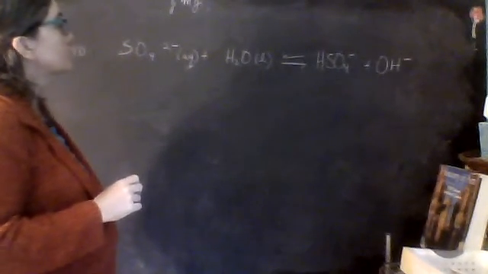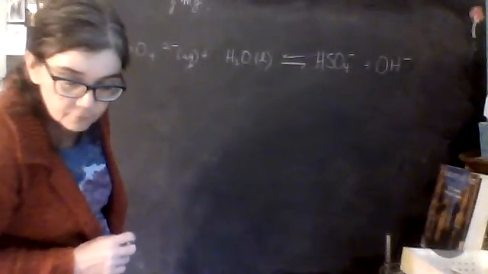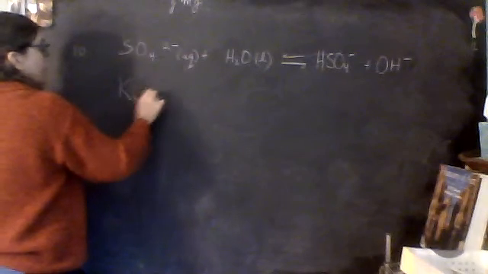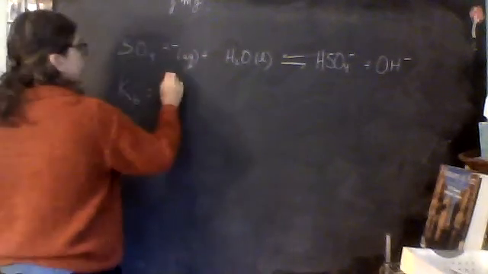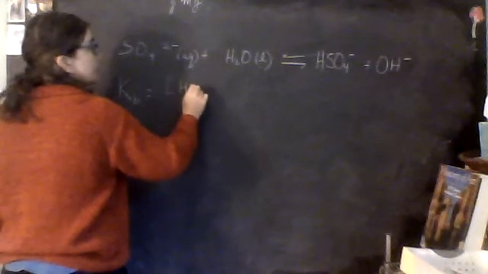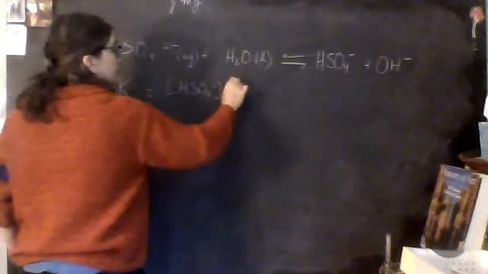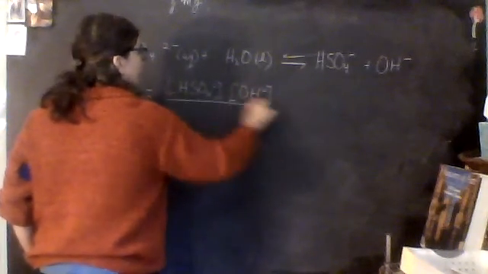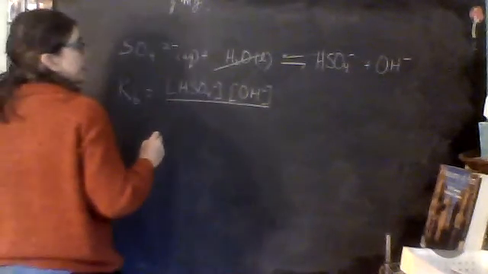And then we put that in the equation. So this is K subscript B, right? It's going to be the concentration of HSO4 negative times the concentration of OH negative, and we can ignore the water because it's liquid.